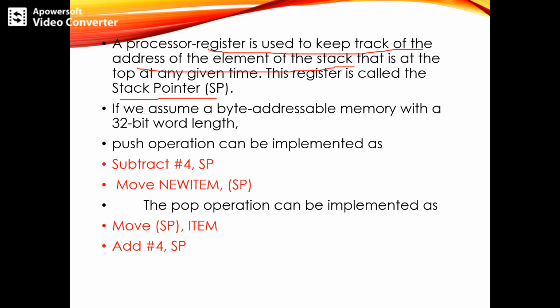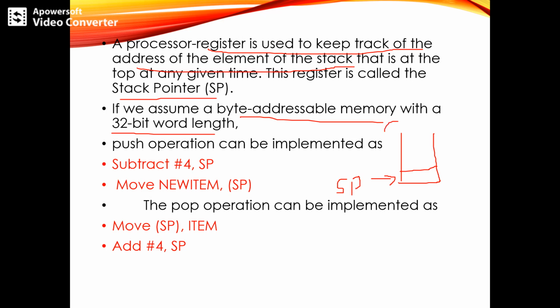So if we assume a byte addressable memory with a 32-bit word length, we can perform push operation by considering instructions like subtract #4, SP and move NEWITEM, (SP). So we have the stack, and suppose the stack pointer is pointing towards this particular location.